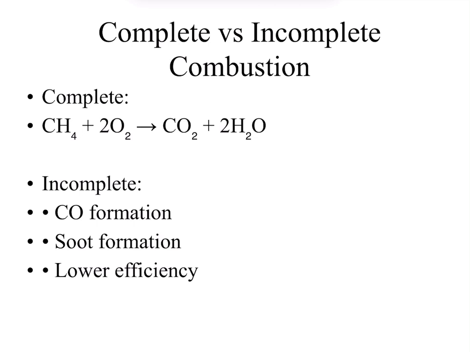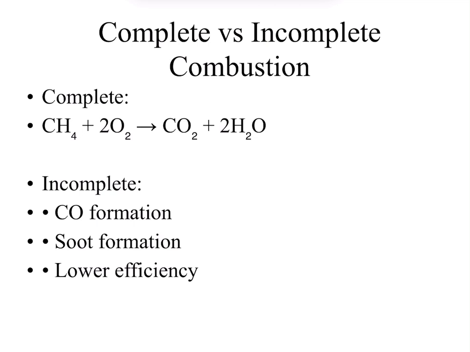So what is complete versus incomplete combustion? Combustion can be complete or incomplete. Complete combustion produces carbon dioxide and water while maximizing energy output. Incomplete combustion generates pollutants such as carbon monoxide and soot.